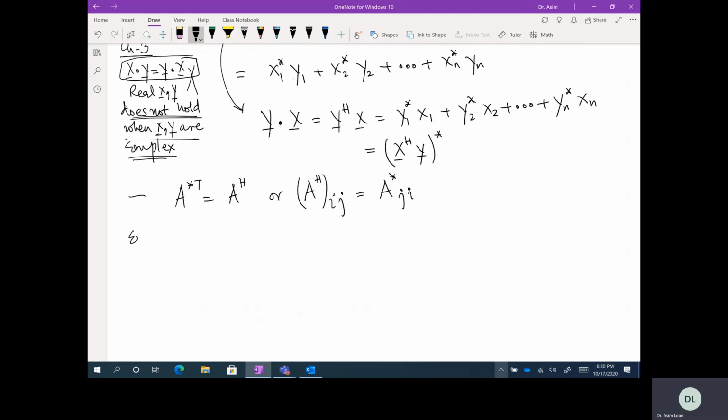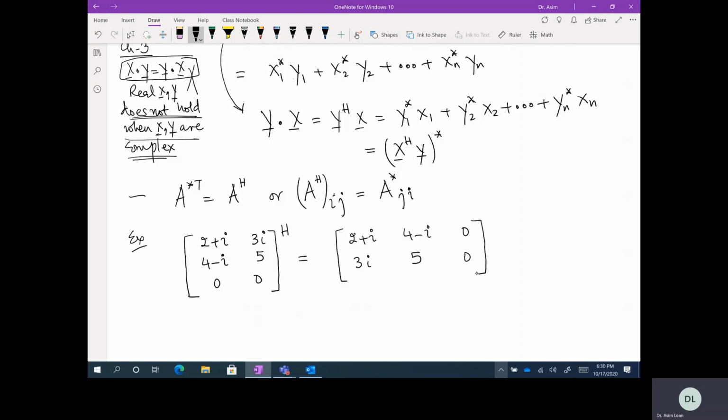So if we have this matrix, 2 plus i, 4 minus i, 0, 3i, 5, 0, and I do Hermitian, which is the conjugate transpose. This means I do 2 plus i, 3i here, then 4 minus i, 5 here, 0, 0 here.